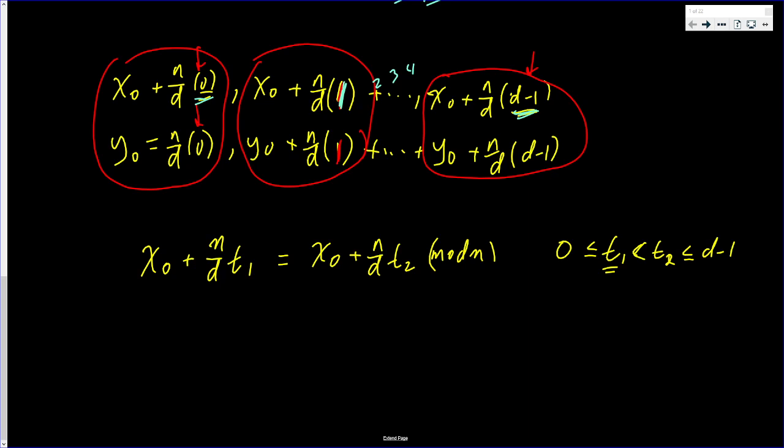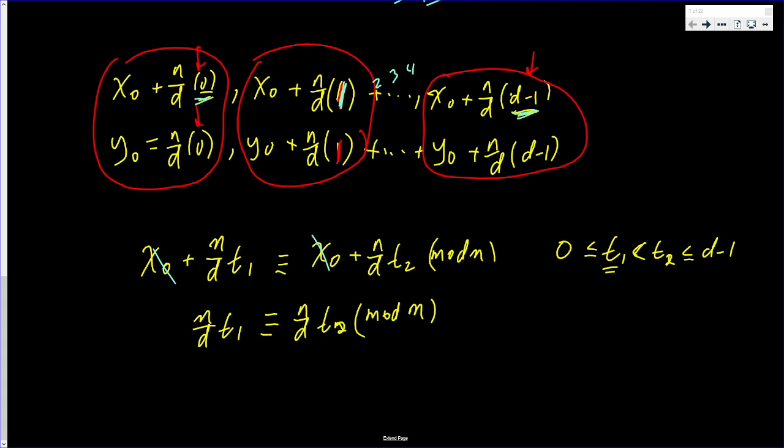Okay, so we have this. Now, if we take away x0 from both sides, that's allowed. So now we have n over d times t1 is congruent to n over d times t2, and this is all happening in mod n.